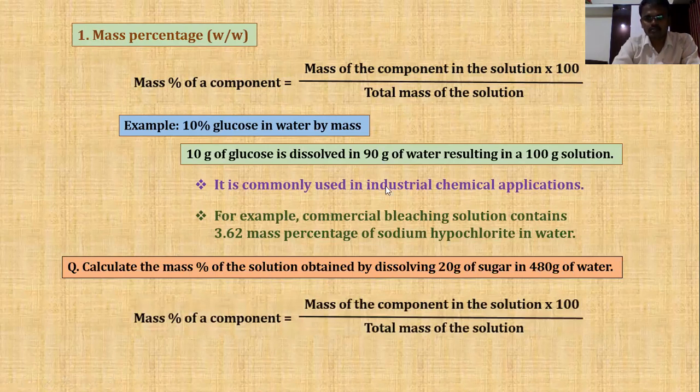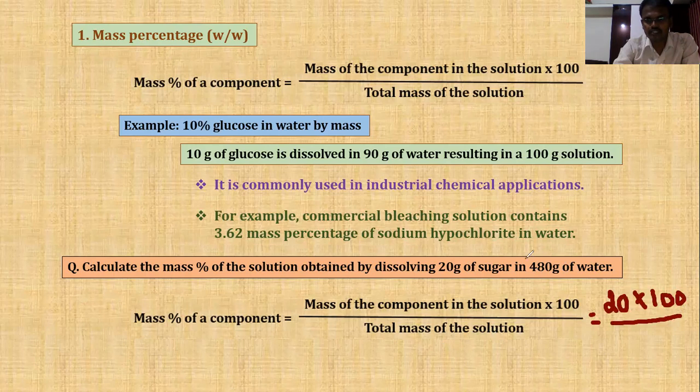The mass of the component is 20 grams, so 20 grams into 100, divided by the total mass of the solution.